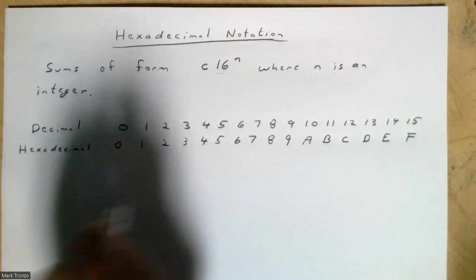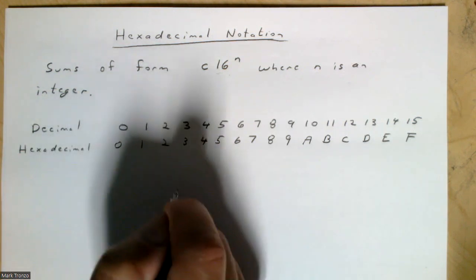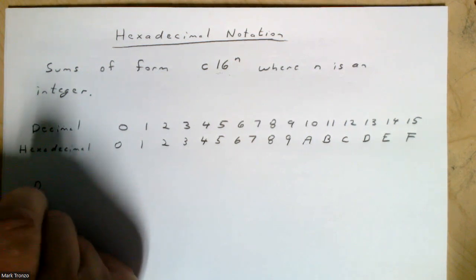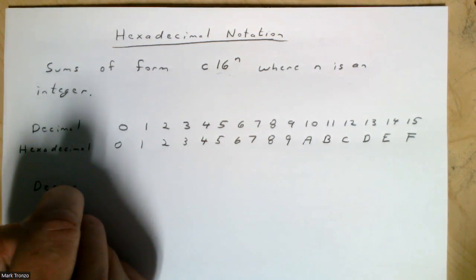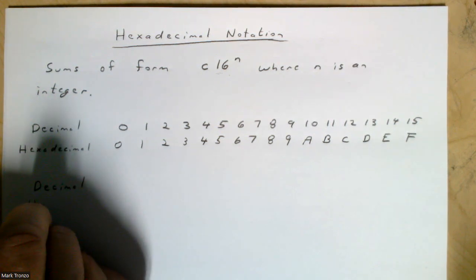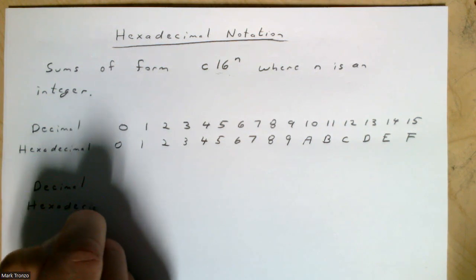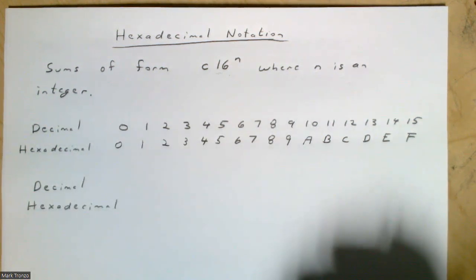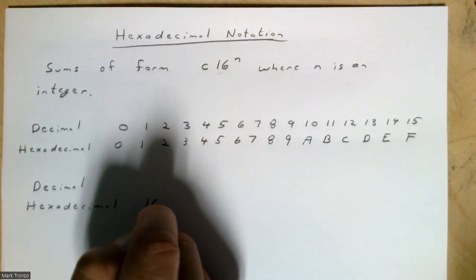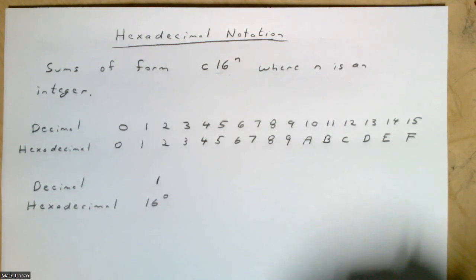And then we're also going to have to keep track of the fact that, say, if you have decimal and hexadecimal, 16 to the 0 power is going to be 1 in decimal numbers.